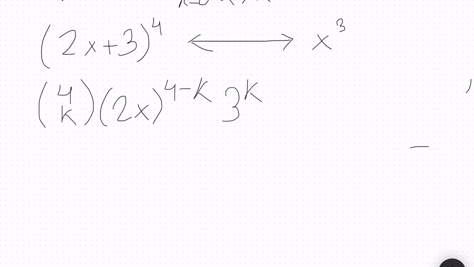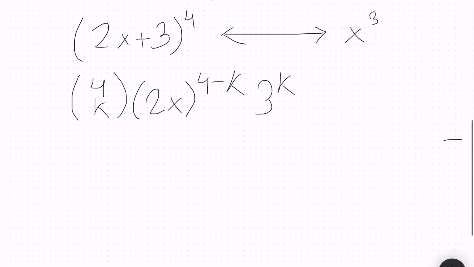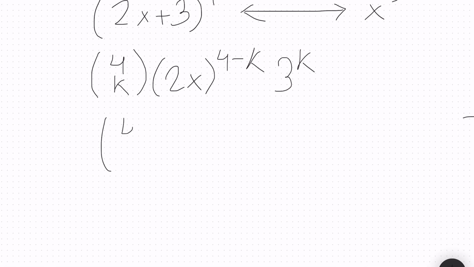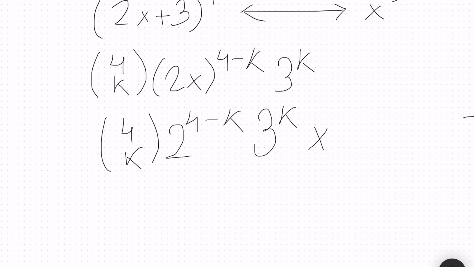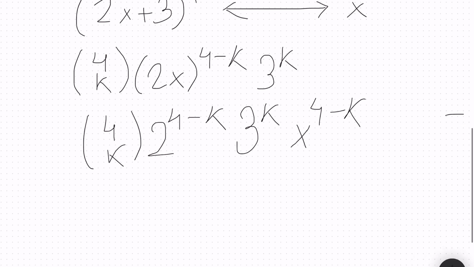We can simplify this further into 4 choose k, and what we need to do is keep our x separated from our coefficients. So 4 choose k, and we can separate our 2 and our x, since this would be 2 to the power of 4 minus k times x to the power of 4 minus k, and everything is being multiplied by 3 to the power of k.